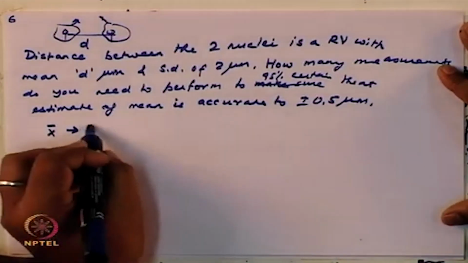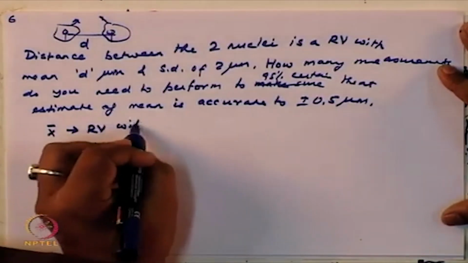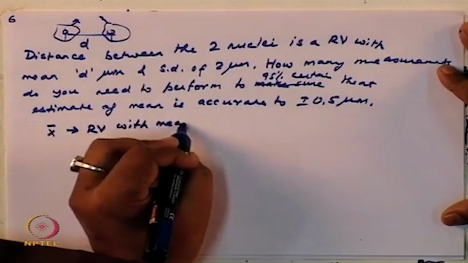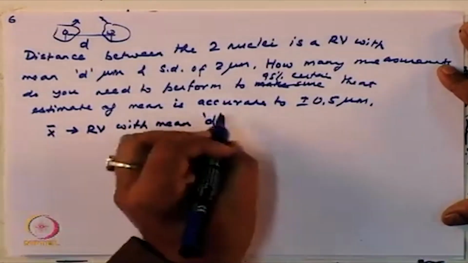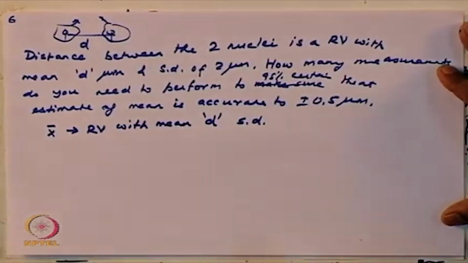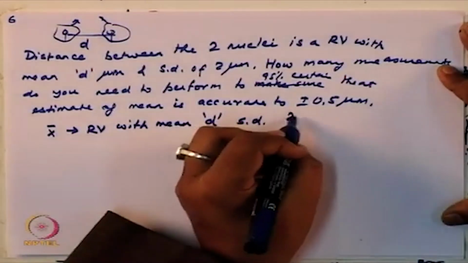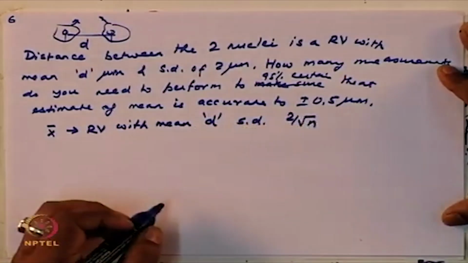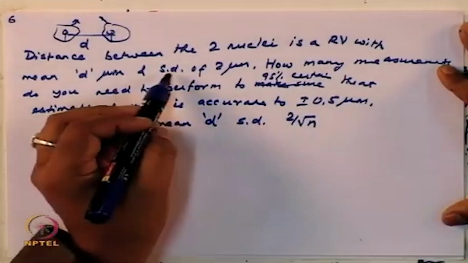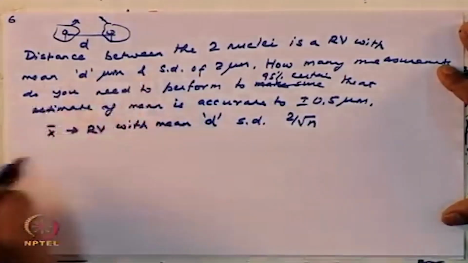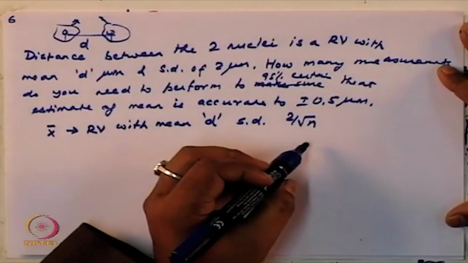This is a random variable with mean equal to d and standard deviation 2 by root of n, since 2 is the standard deviation of each of these measurements.